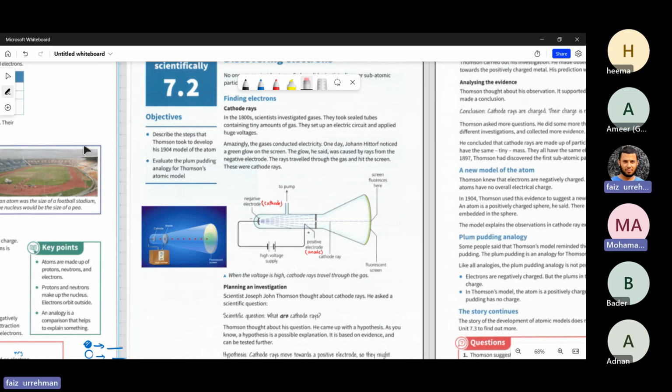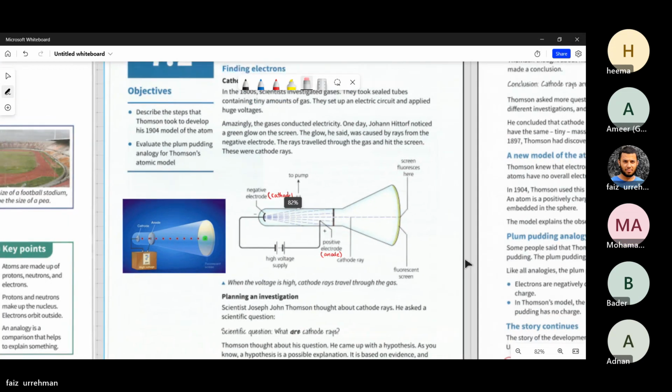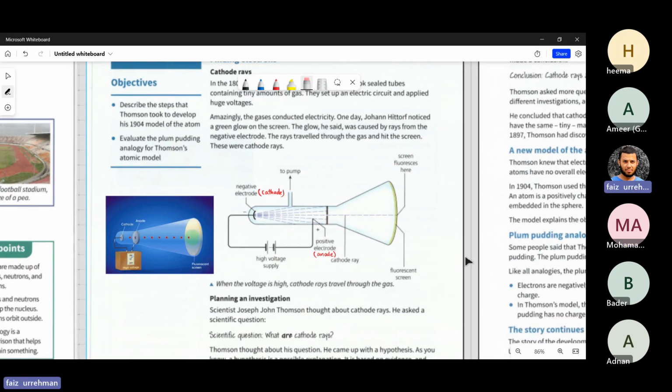You want the answer or you want the question? The question. My question is, the positive electrode is also known as, anode.